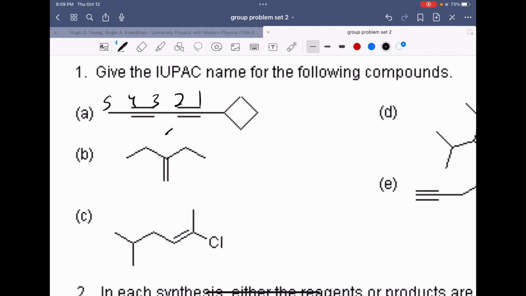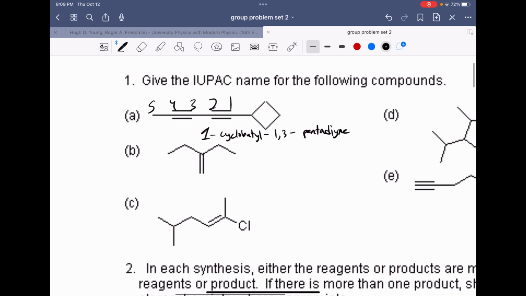So we have 1 cyclobutyl, 1,3, what is it? It is pentadiene. Easy.